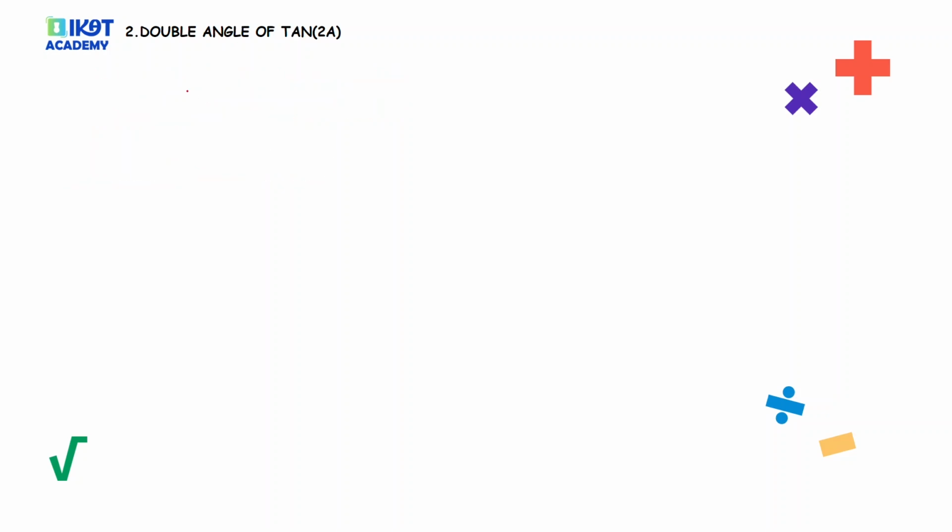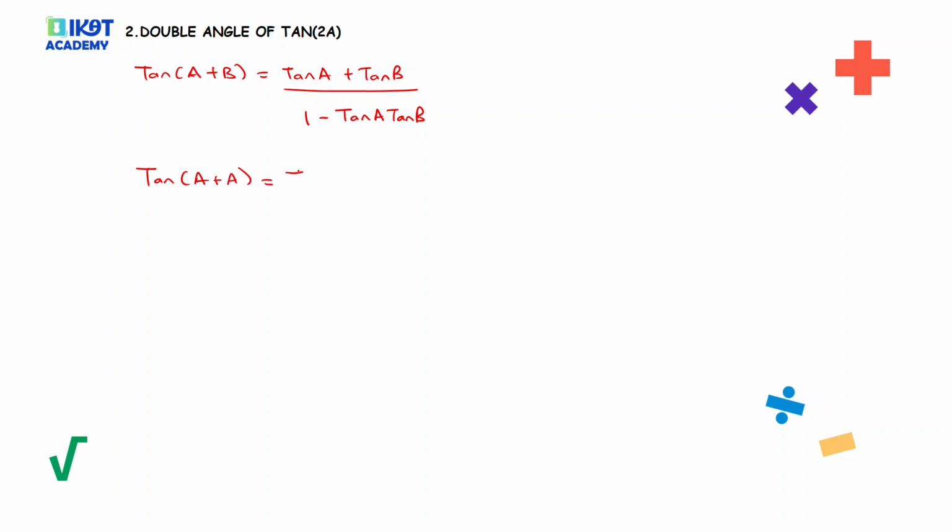Then the double angle formula for tan 2A. So we're going to recall that when we had tan(A + B), this was tan A plus tan B out of 1 minus tan A tan B. We're going to have tan(A + A).